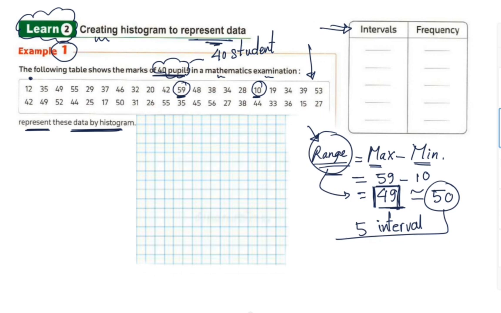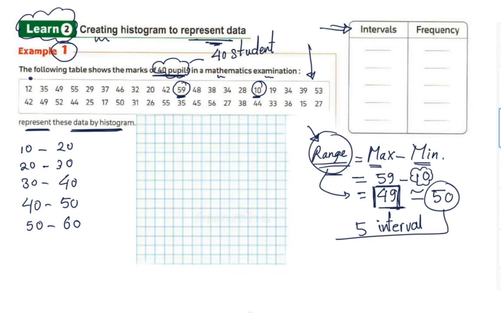Look with me. The first interval starts from the minimum. What's the minimum? 10. I will start from 10 to maybe 20, from 20 to 30, from 30 to 40, from 40 to 50, and finally from 50 to 60.